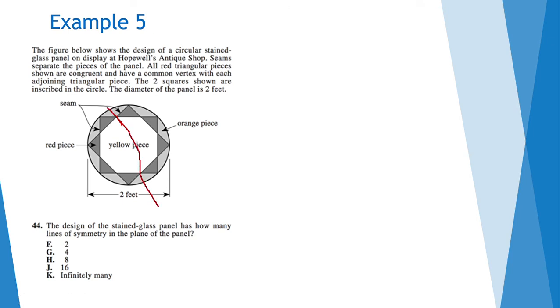So I'm going to make one line like that, one line like that. Sorry, they're pretty wobbly. One line like that, and one line like that. So that's 4 total lines. So right now I can eliminate F because I definitely know it's not going to be 2 lines.